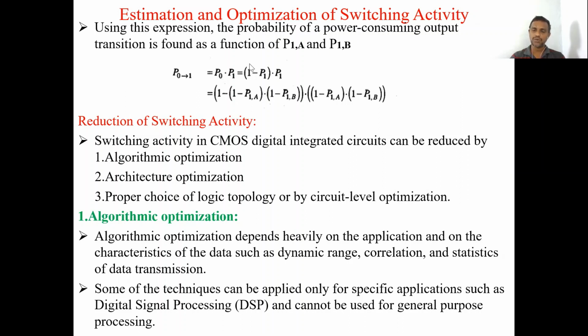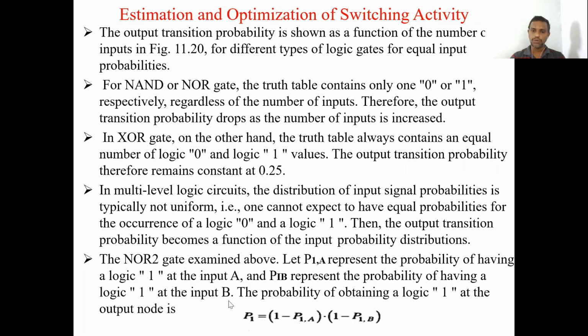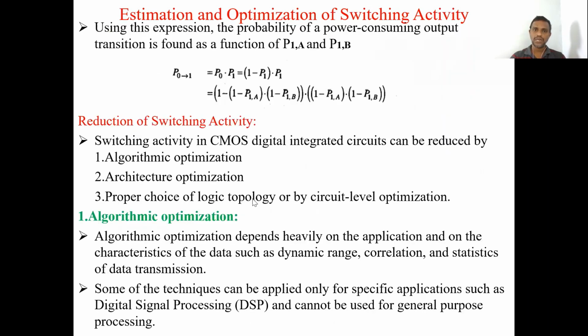Why have I converted this equation completely into P1? Because I know the probability of obtaining logic 1 at the output in terms of the input probabilities of logic 1 at A and B. I know this value, that's why I am converting this equation in terms of P0 and P1.